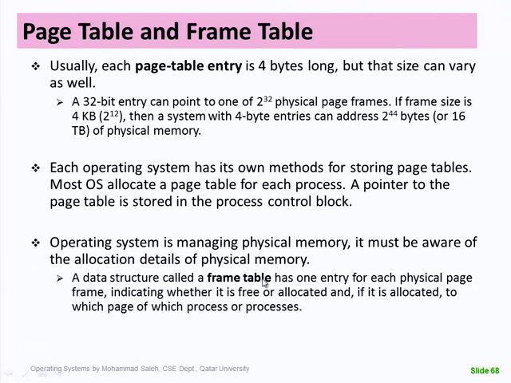On the other hand, the list of empty frames in memory also should be known by the OS for the assignment of pages to frames. I think we have seen that in one of the figures, if you remember, the free frame list, which are the indices of the frames that are not used, available.